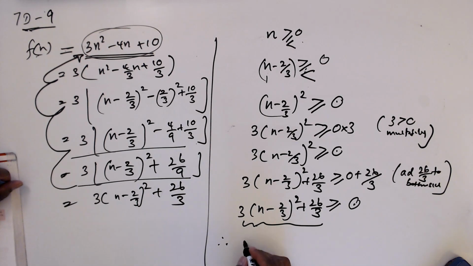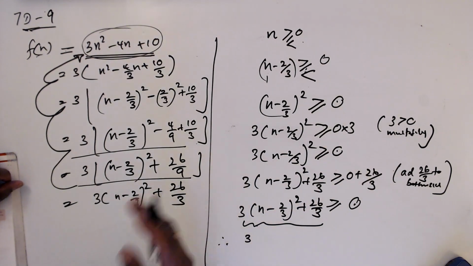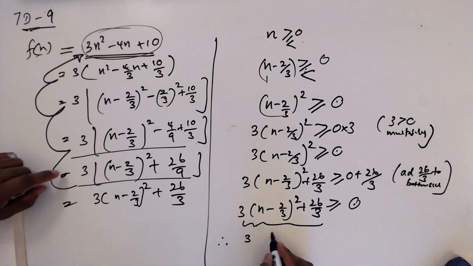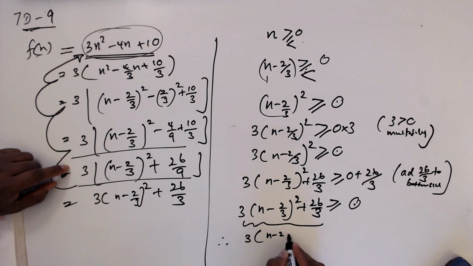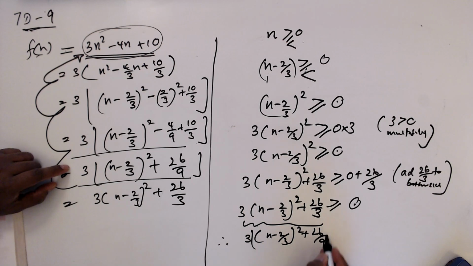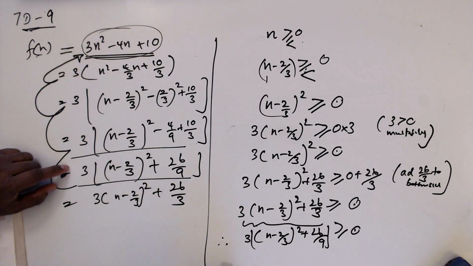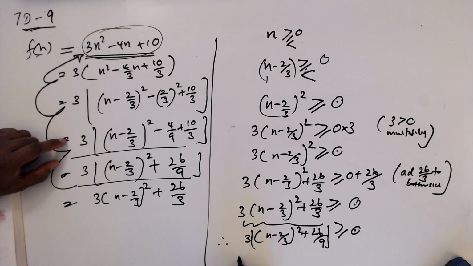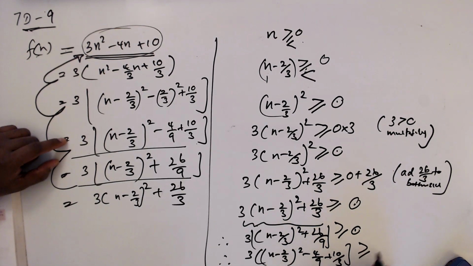Hence we have to write like this backward. 3 times (n minus 2 over 3) squared plus 26 over 9 greater than 0. Then what else? Then this one, 3 times (n minus 2 over 3) squared minus 4 over 9 plus 10 over 3 greater than or equal to 0.